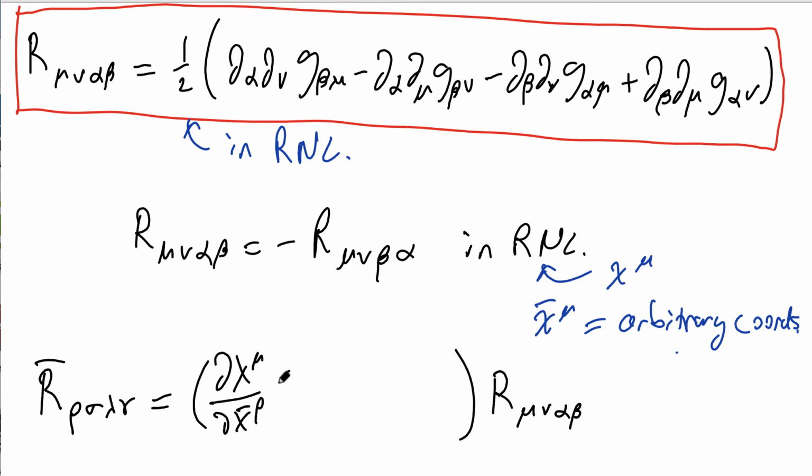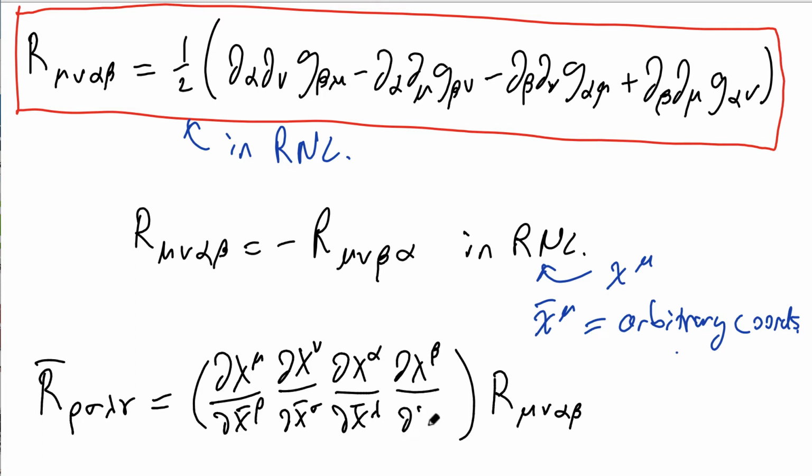And let me complete these factors. This is partial x nu with respect to x bar sigma, partial x alpha with respect to x bar lambda, partial x beta with respect to x bar gamma. So this is just the tensor transformation rule between the unbarred and the barred coordinates.